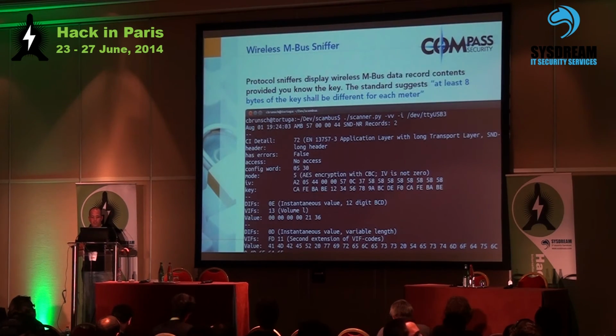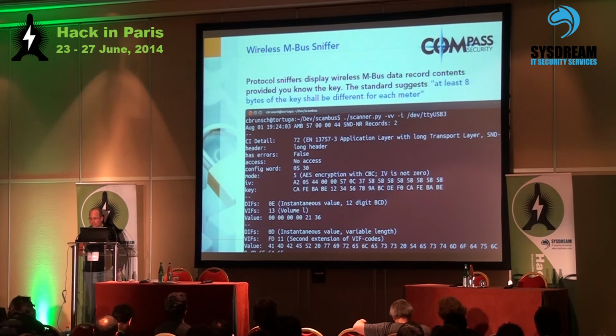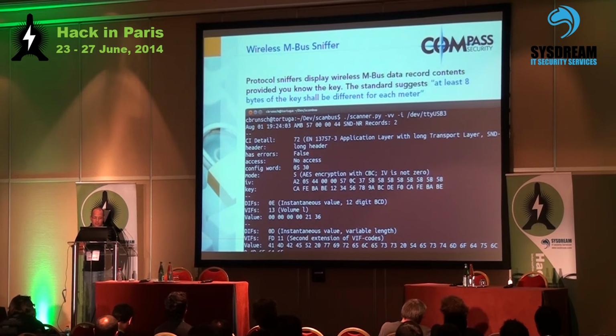Then I figured, okay, lots of the vendors are using encryption. I dug into the standard, and the standard clearly states at least 8 bytes of the key shall be different for each meter. But vendors don't care. They use the same keys over and over for thousands of their meters.